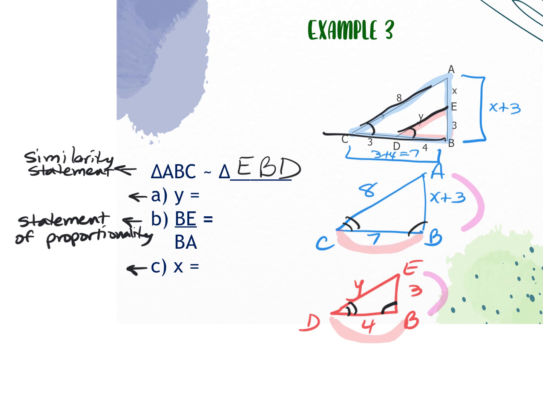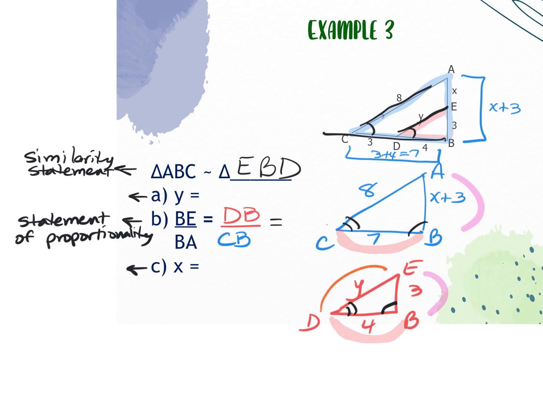So again, I'm doing the red triangle on top. So I'm going to be doing DB over CB. And then the last side that I can mark here is going to be this one here.